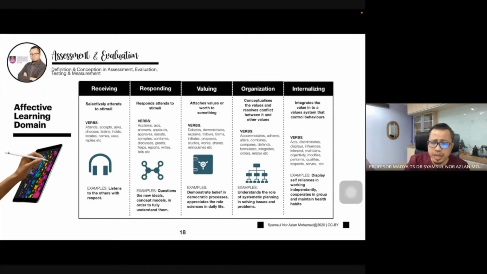So there are 5 steps that need to be nurtured, and we need to design our learning according to this phase.